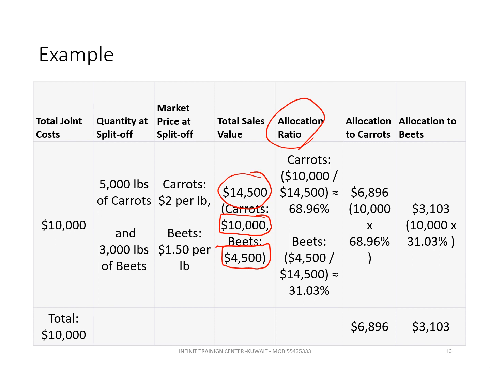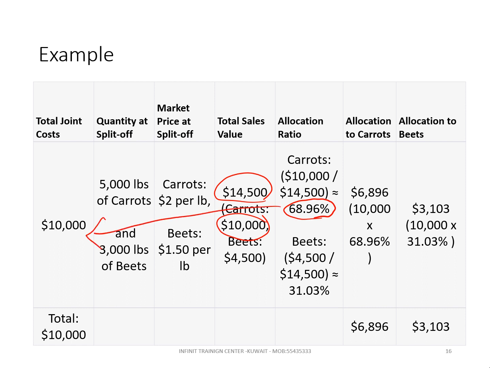That is going to be 10,000 divided by 14,500, which is 68.96%. So 68.96% multiplied with this 10,000, you will get 6,896 will go to carrots, and for beets the ratio is 31.03%. So 31.03% of the total cost of 10,000 will go to beets.